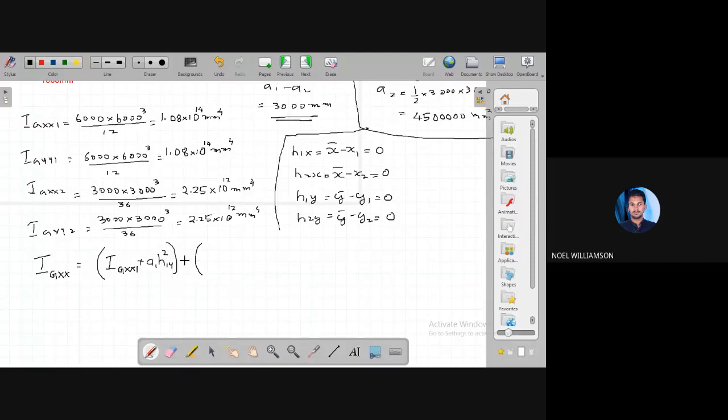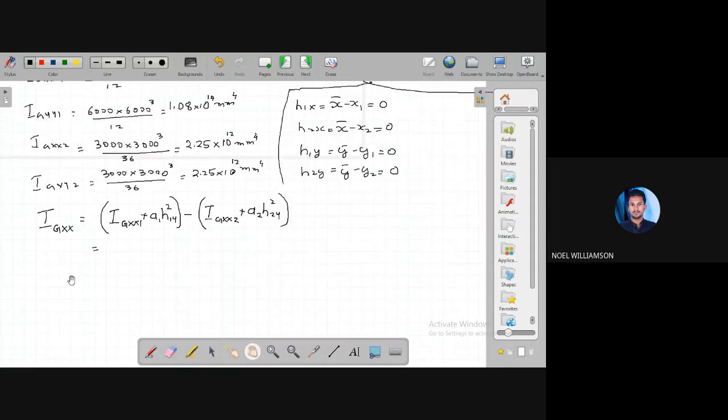So we are using a negative sign here. Moment of inertia about the centroidal x-axis of section 2 plus area of the second section into h2y square, and substitute these values, you will get one value.